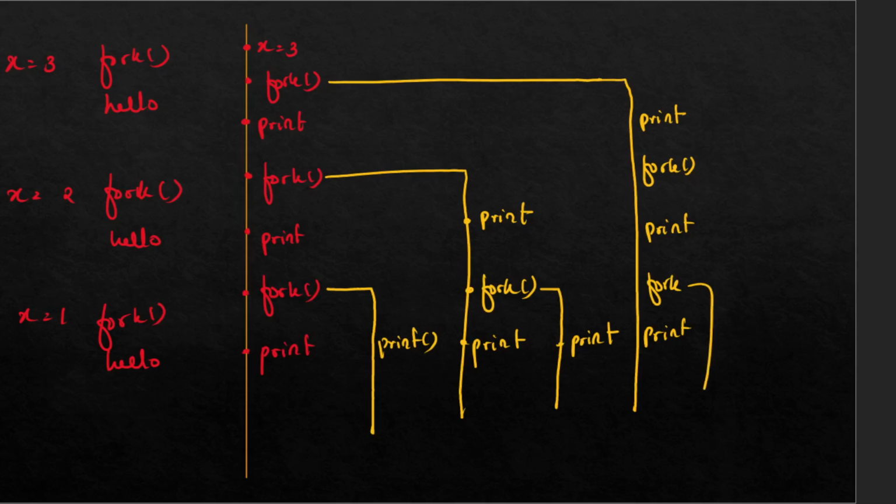Now this will print, and this particular fork will print. Again fork is there, and print is there, and this is again going to print. So I hope the diagram is clear, and this is the way to solve it.